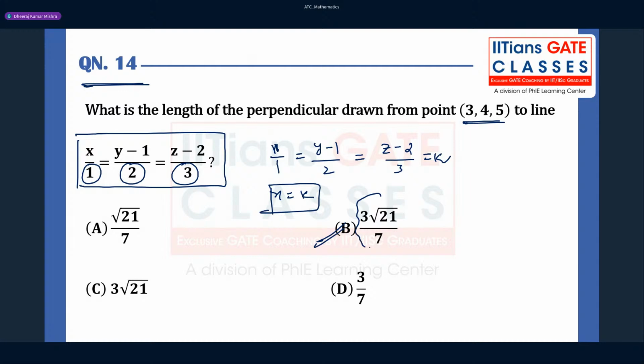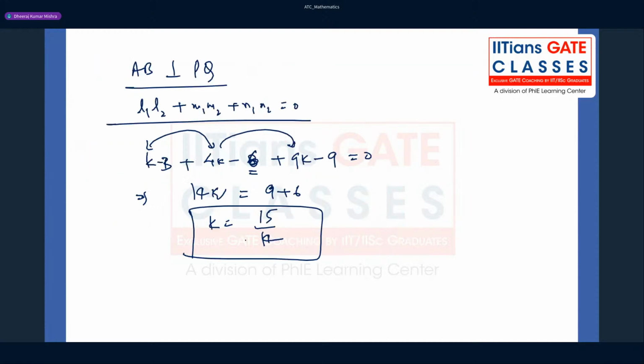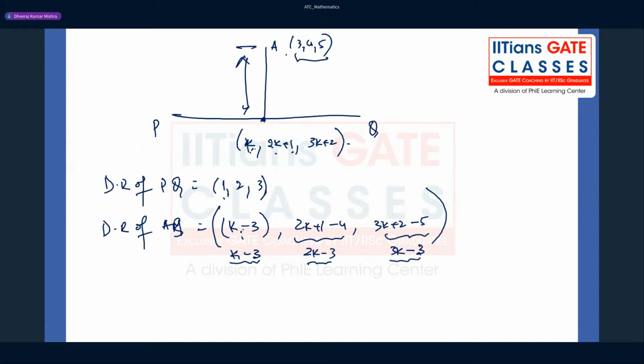You see how big the answer is coming, right? So you can also leave this kind of question, but at least try once. You can identify the denominator and solve this kind of question. So here we have got the k value, 15 by 14. Now you can put it in place of k, and you will get these two points, and then you can find out the length.